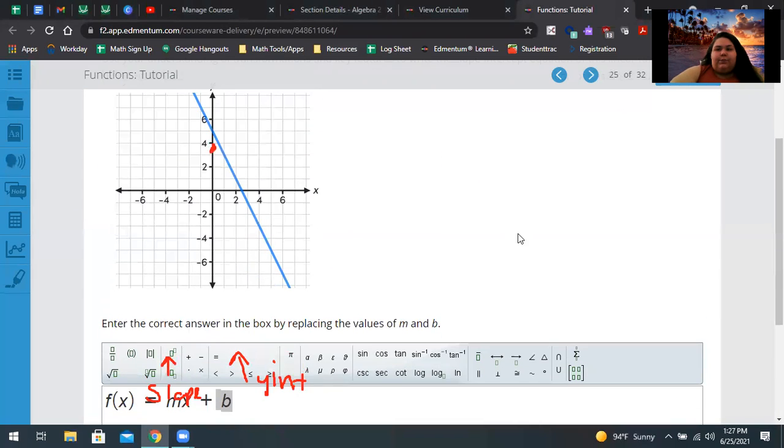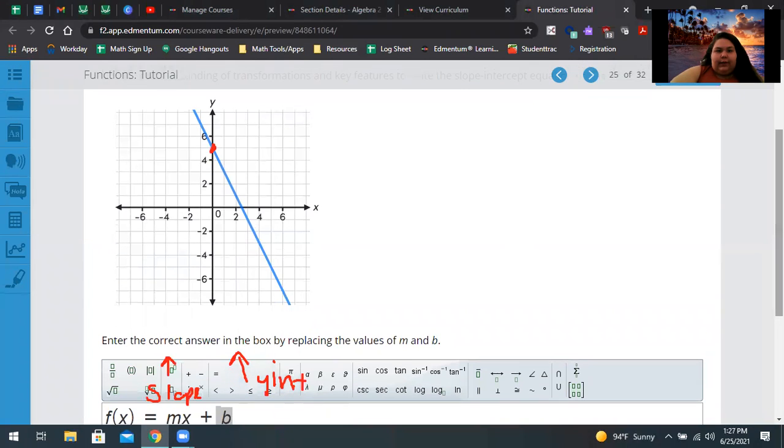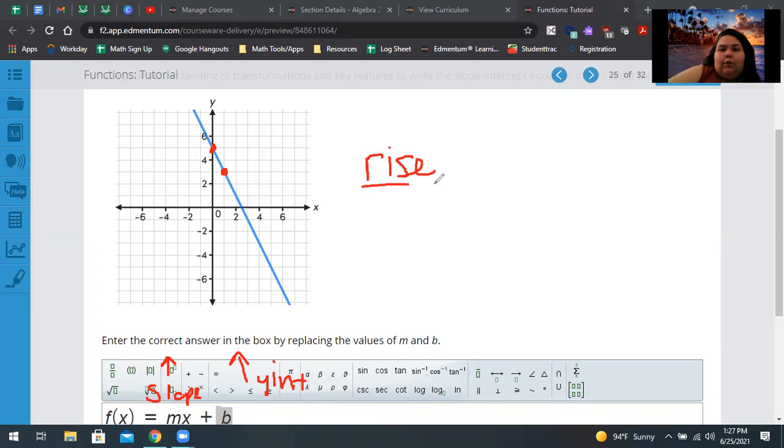And now to find the slope. I already placed my point on the line there. I can choose another point that lines up perfectly, which is right here, and find the slope. From the graph, I like to count. It's always rise over run. When you're rising, you're thinking about the vertical direction.